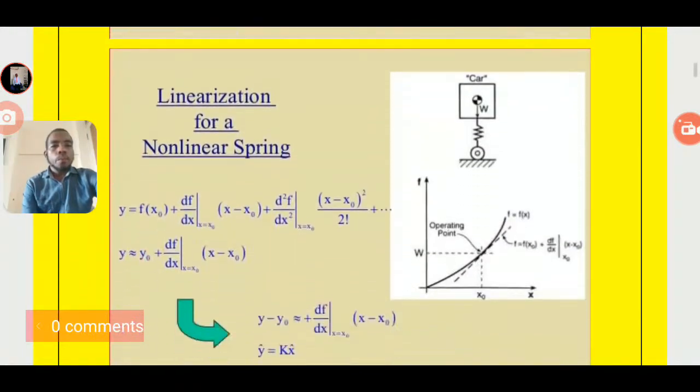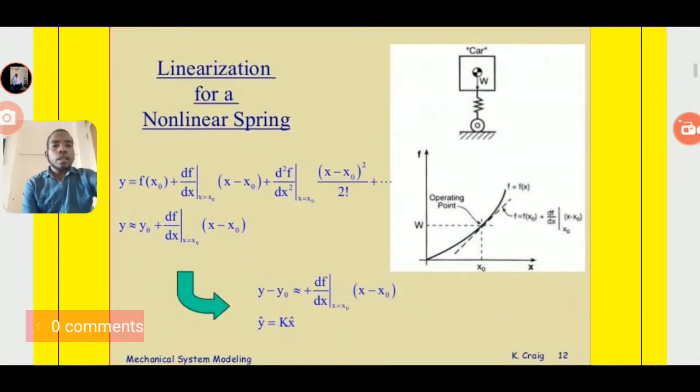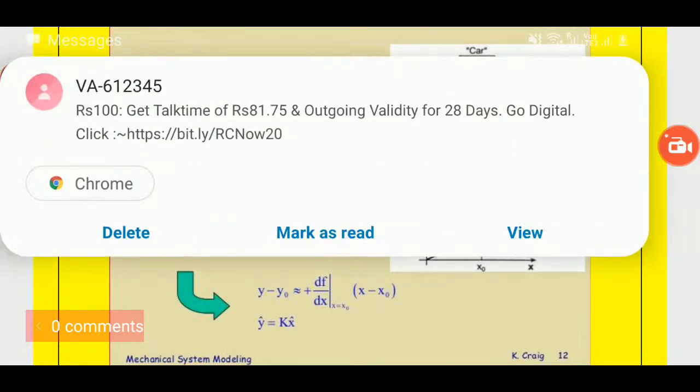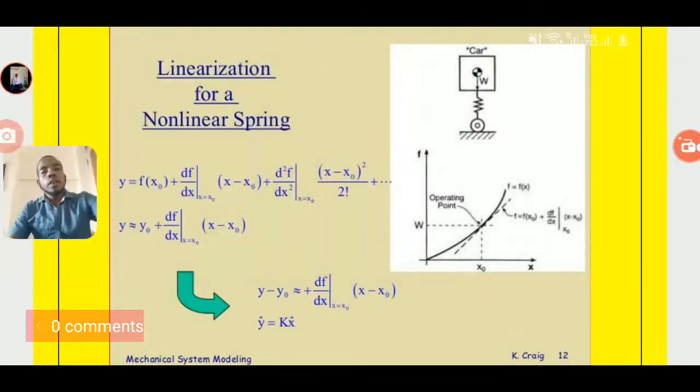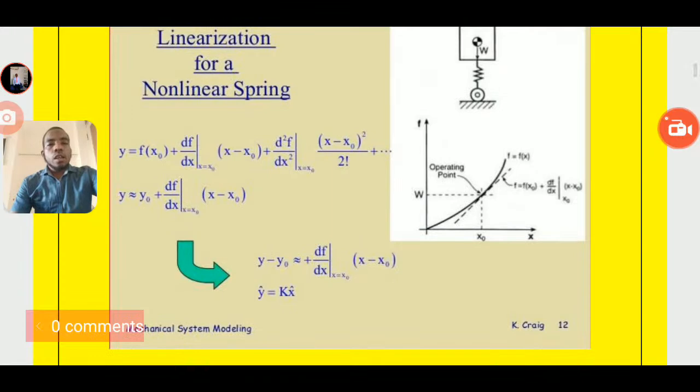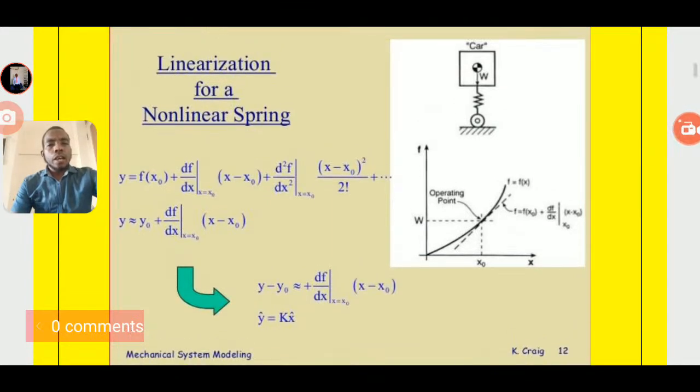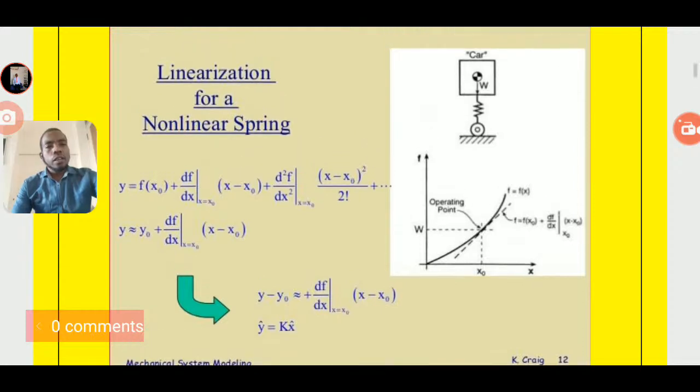Okay, the other thing is non-linearity for non-linear springs, or we can say linearization for non-linear springs. Here we have the formulas like this, and we have the graph.